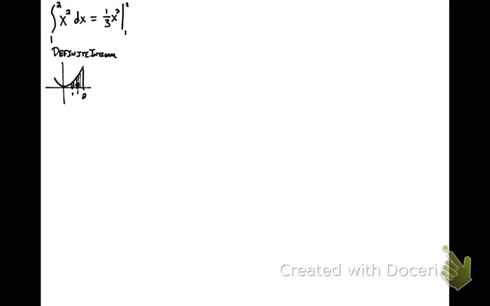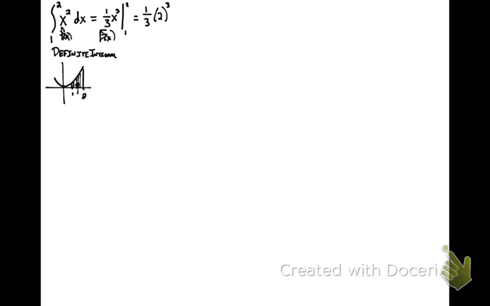By the fundamental theorem of calculus, this is going to be equal to what we get when we substitute 2 into our new function, our big F, which is what 1/3 x cubed is. This would be big F of x, and this would be considered little f of x, although we would never write this stuff down.